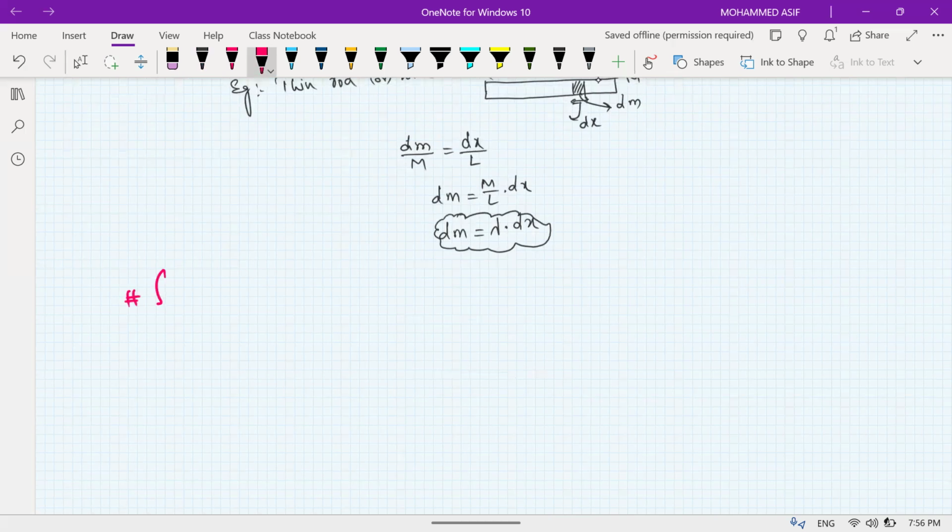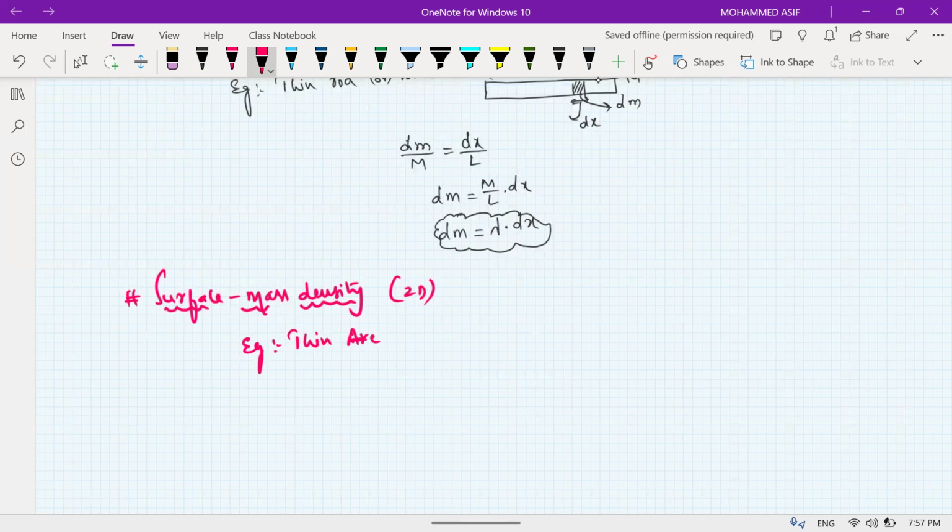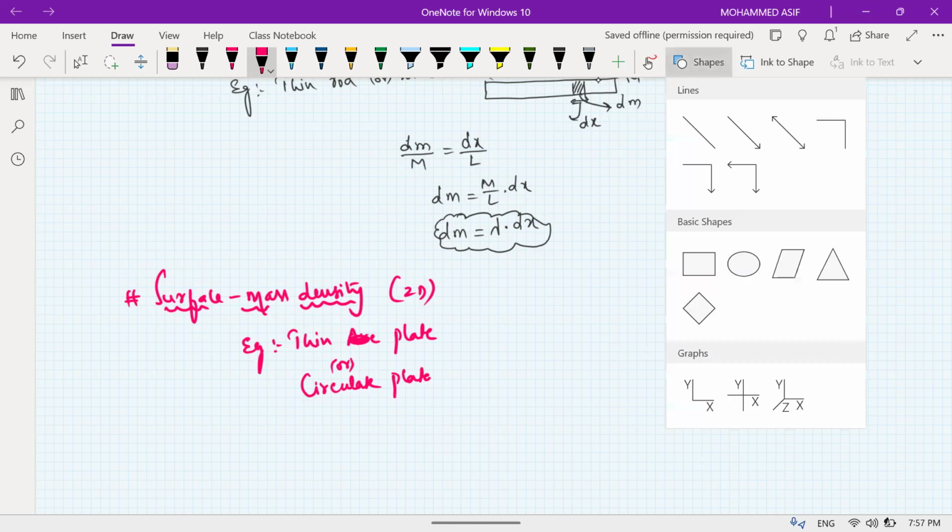Surface mass density. Yes, sir. Surface mass density is for two-dimension bodies. In the bracket, two-dimension bodies. Example is a thin plate or circular plate.